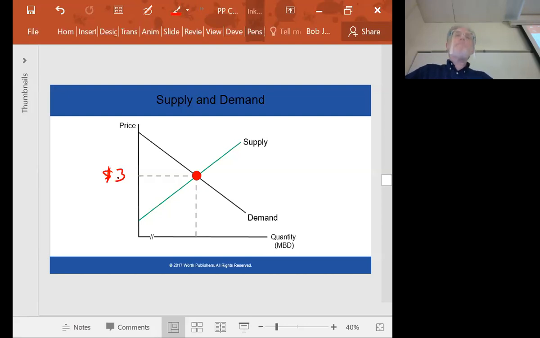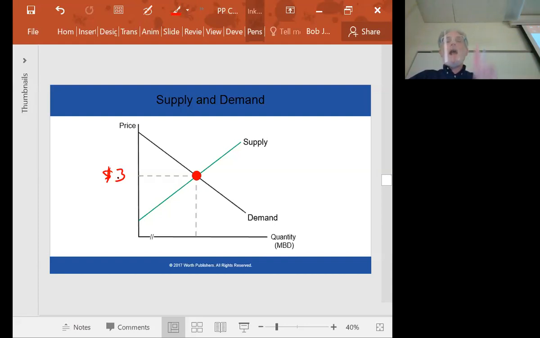We've done the first step, you draw a graph. Second, you look at the graph and say, well, is this something that has a direct effect on supply or something that has a direct effect on demand? Because the answer to that question is to tell which curve is going to shift.